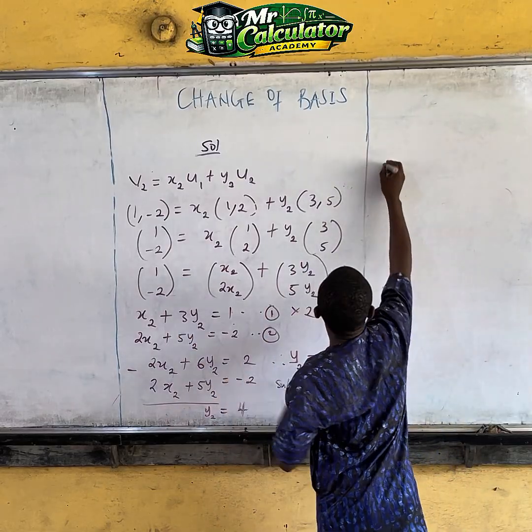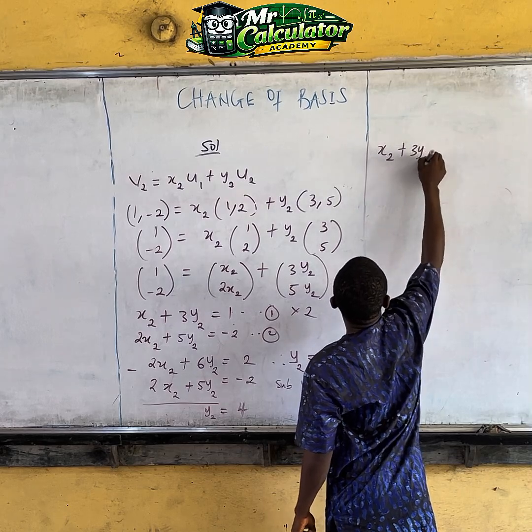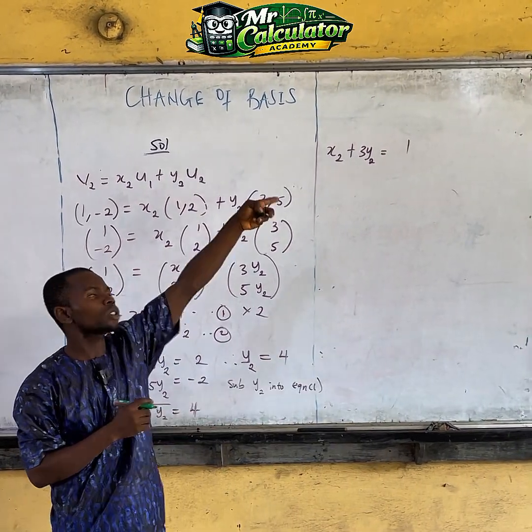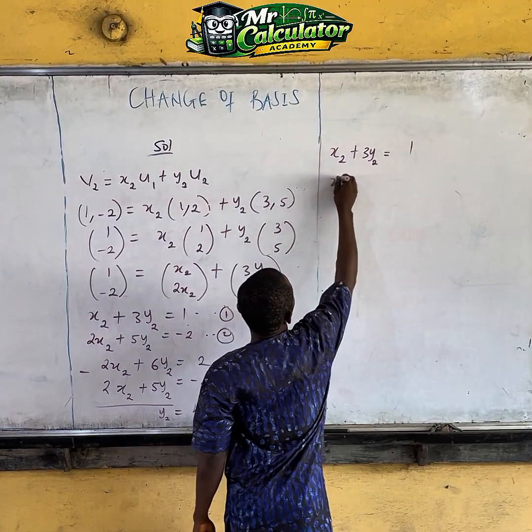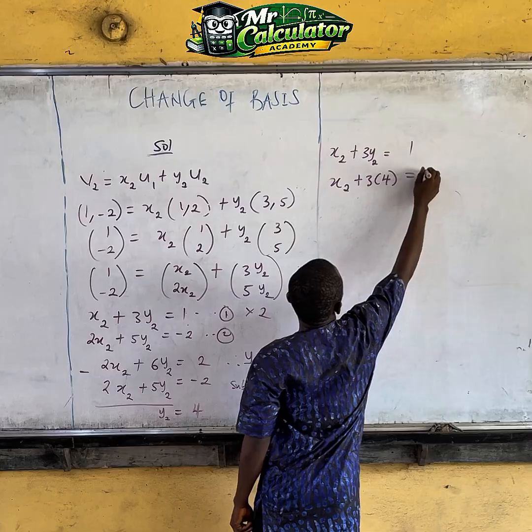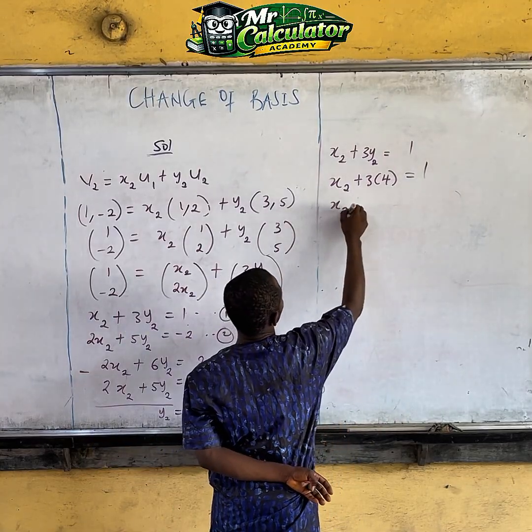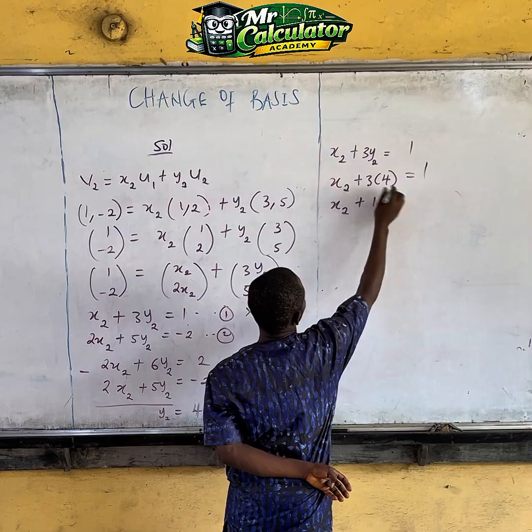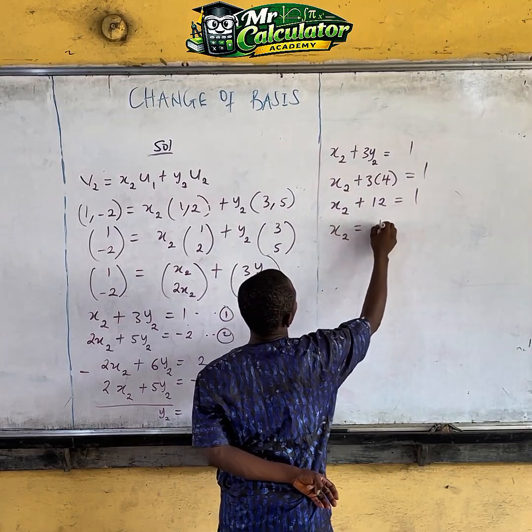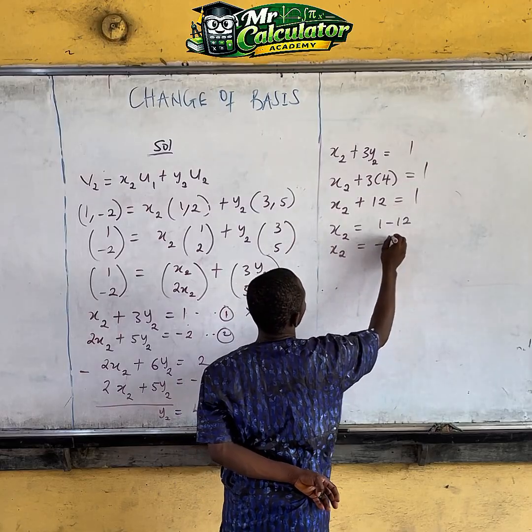So it will now be x2 plus 3y2 equals 1. Since y2 is 4, substitute 4 into it: x2 plus 3 times 4 equals 1. So x2 plus 12 equals 1, and x2 will now be 1 minus 12. So x2 equals minus 11.